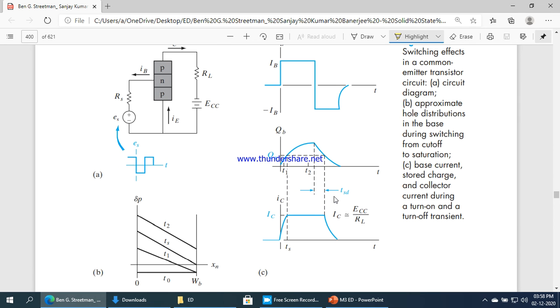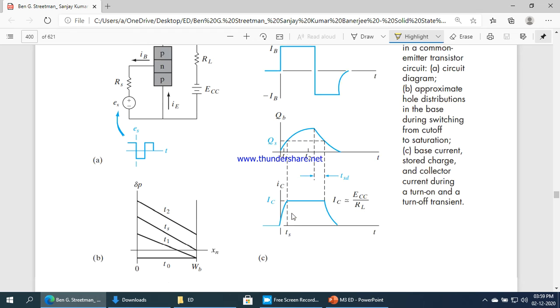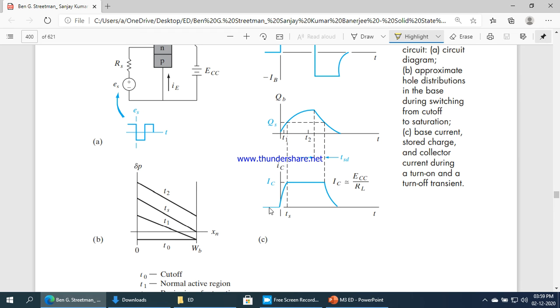Here some waveforms are given: the base current, which is a pulse current we give to the base, the stored charge carriers in the base region, the collector current, and the approximate hole distributions in the base region.